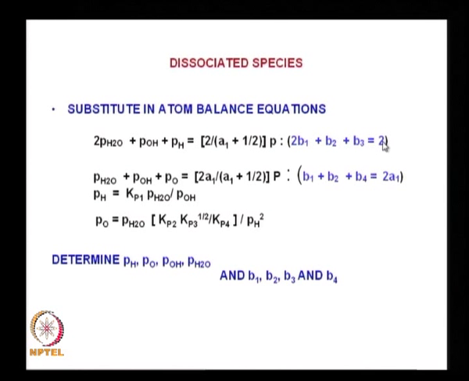I think this should have been 1 here and this should have been 2A1. Similarly, I get from this relation PH2O plus POH plus PO is equal to 2A1 divided by A1 plus half into the value of P over here.